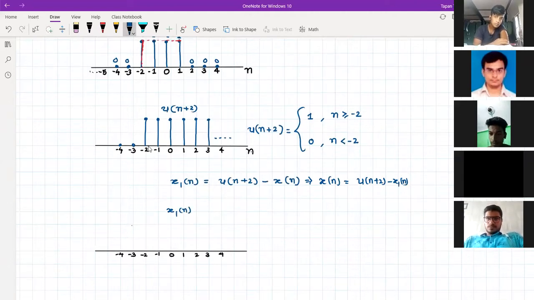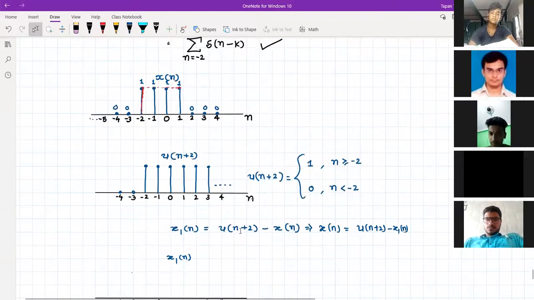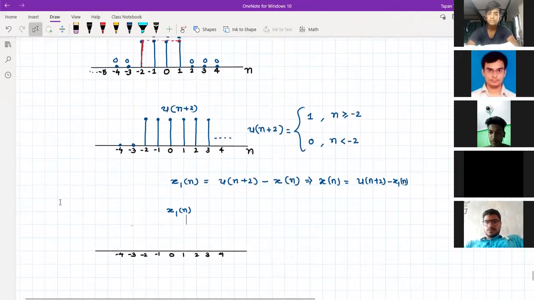So I'm going to subtract this so that I get the original one. Or you can subtract x of n from u of n plus 2 so that you can get the final result.